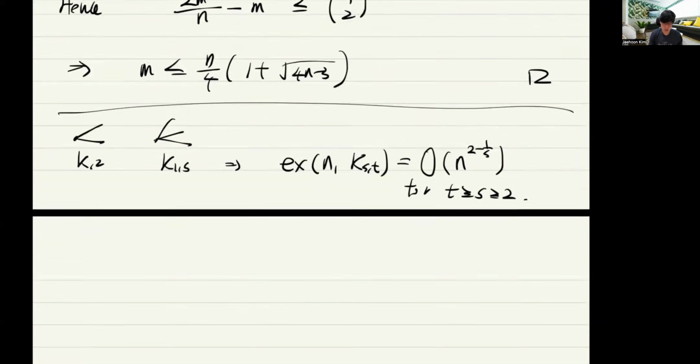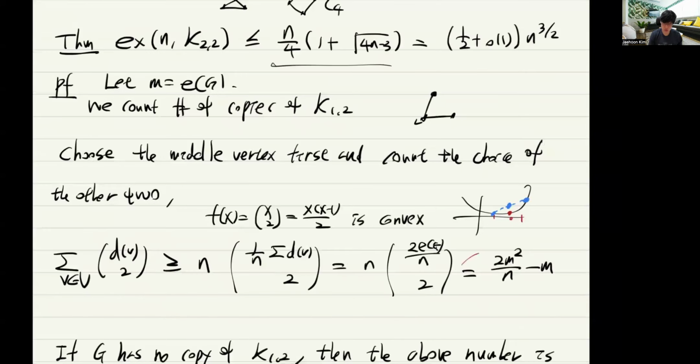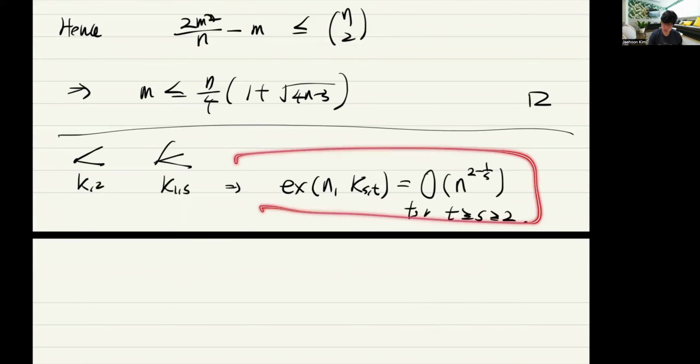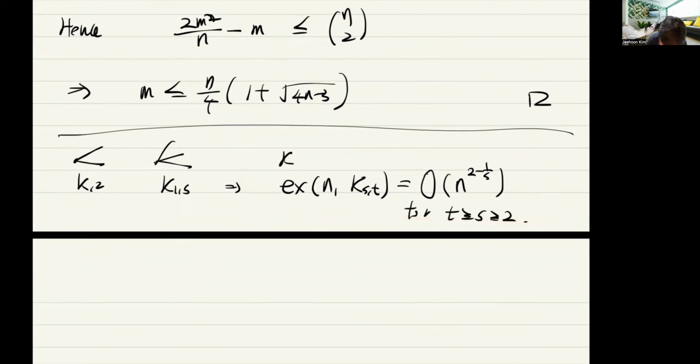Okay, so we have defined the Turan number, and then we showed the Turan number of a complete bipartite graph. This is called the Kővári–Sós–Turán theorem.